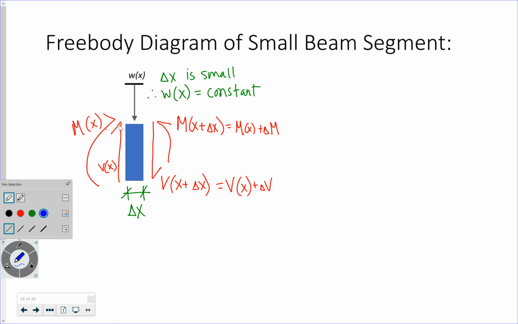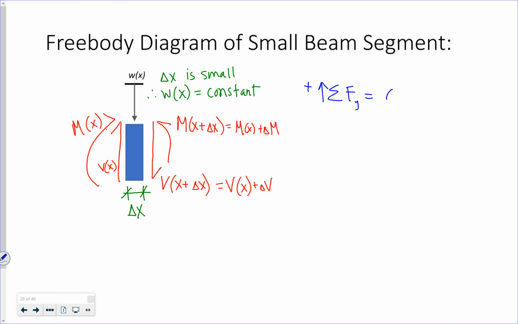So let's look at the sum of the forces in the y direction. I have V of x acting upward. Acting downward, I have W of x, so negative W of x times that width, because it's a distributed load.